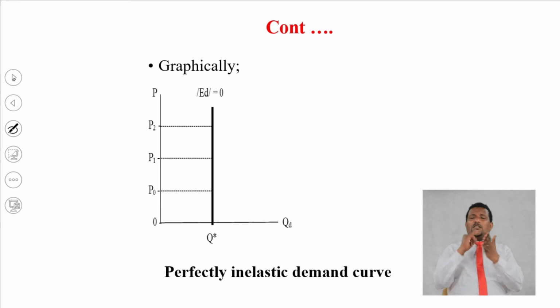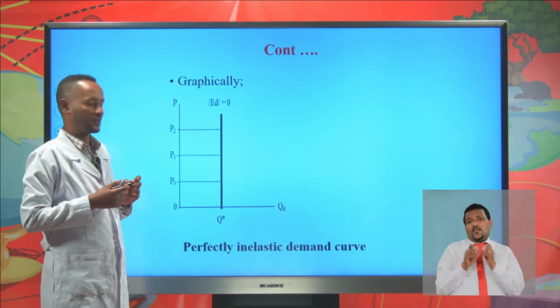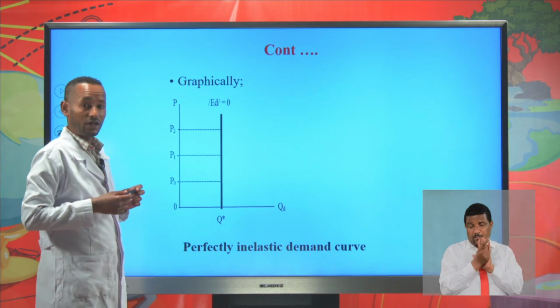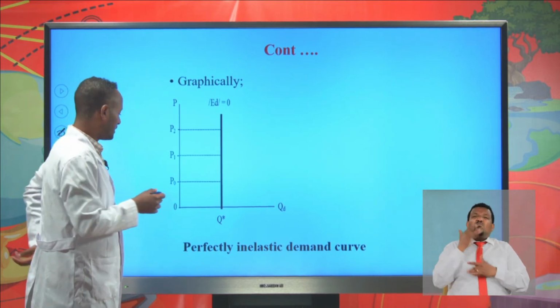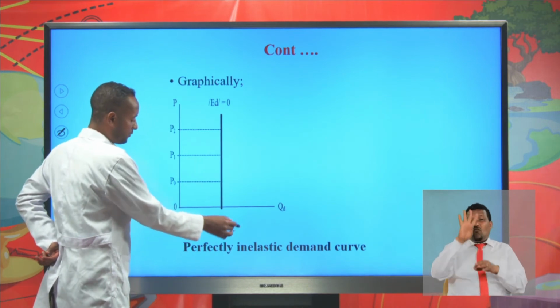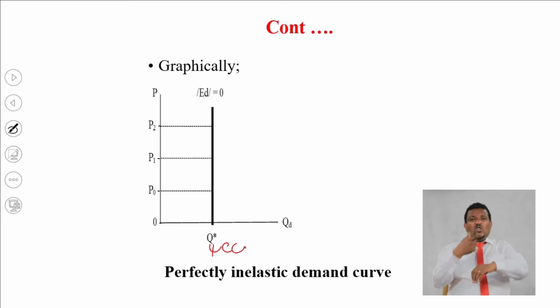This is the perfectly inelastic demand curve. Products which are essential for survival have perfectly inelastic demand. For example, the demand for insulin is perfectly inelastic. If a diabetic needs 4 cc of insulin per day, if the price of this insulin is 10 birr, he will buy it.